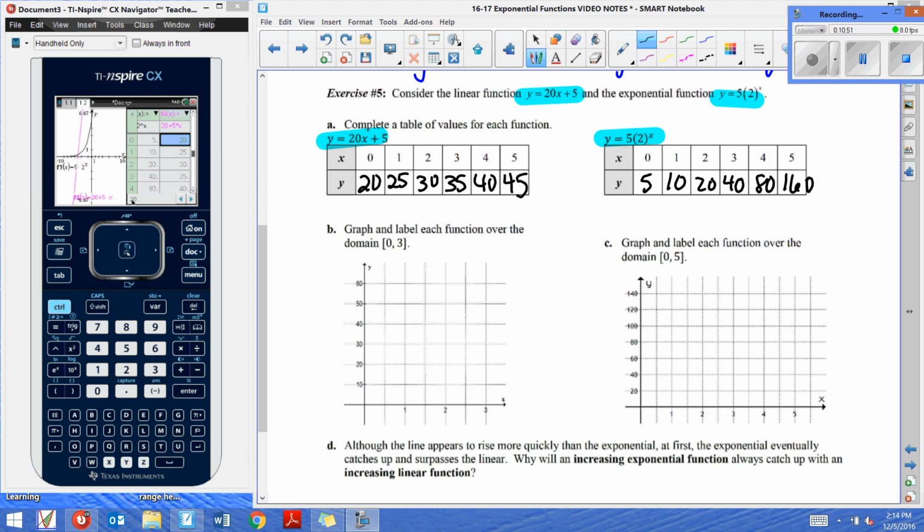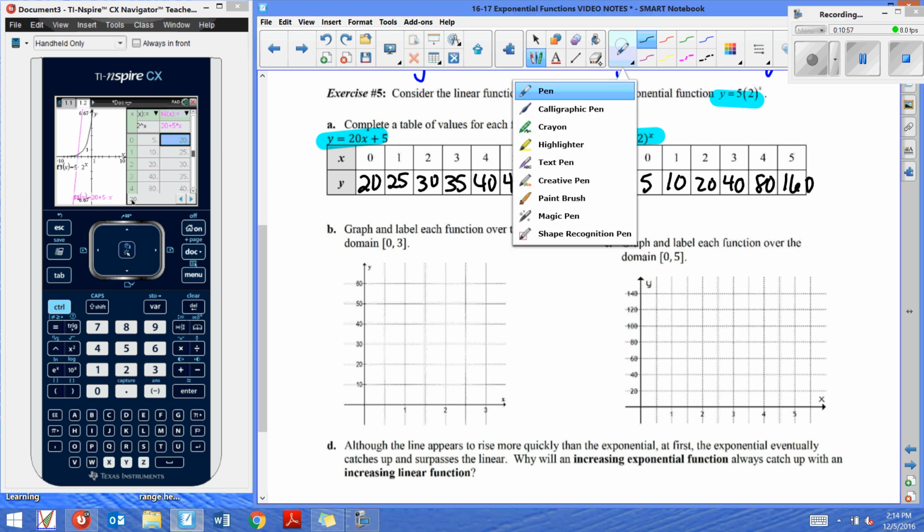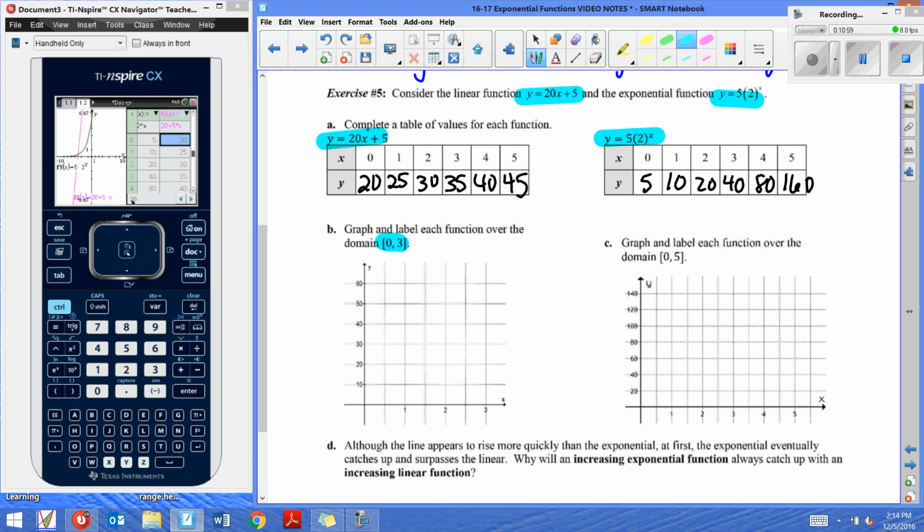For parts B and C, they ask us to label each function and graph them over a specified domain. So that means I am only going to graph from here to here on this graph and from here to there, both functions on both graphs. Go ahead, pause the video, and while you're graphing, I'll graph as well. Then I'll meet you back.